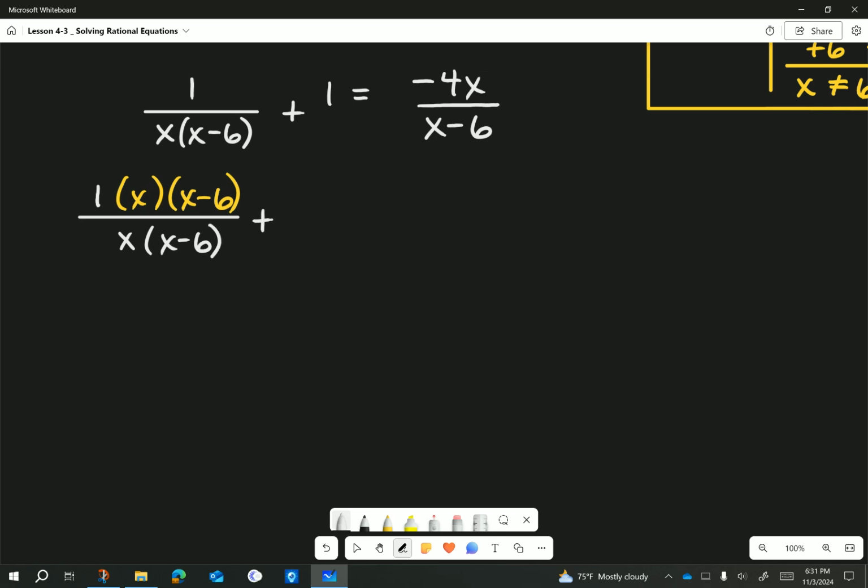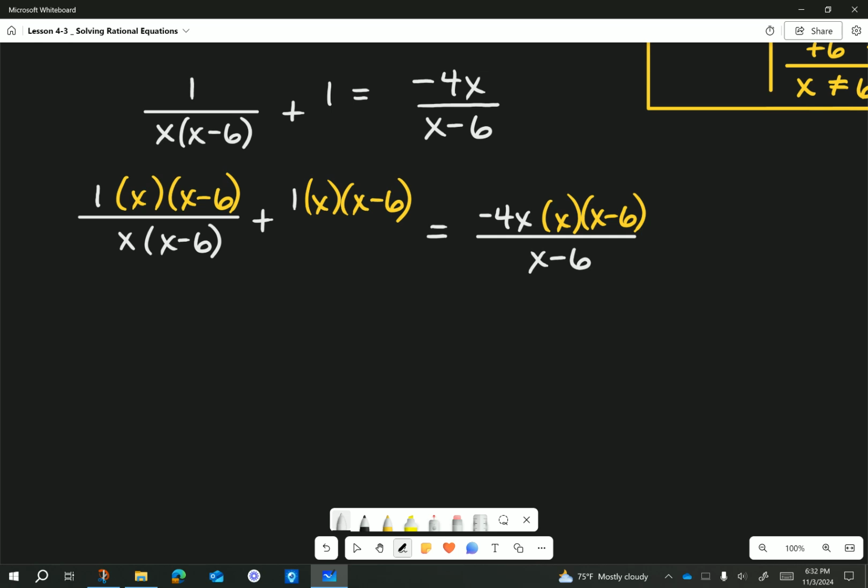Okay, plus this one also has to have an x and an x minus 6 with it. And then I need to put an equals. And then I'm going to put a bar again and make it long enough so that I can include the LCD of x and x minus 6.